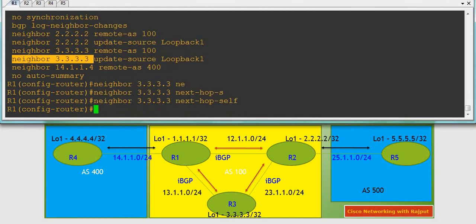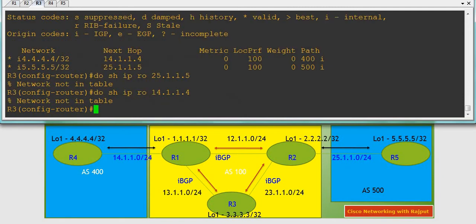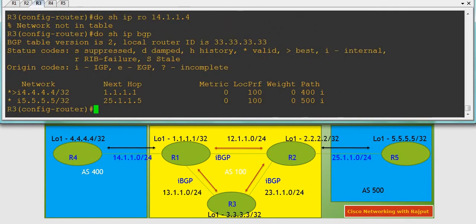On neighbor 3.3.3.3, I'm setting next-hop-self. Let us go and check on router 3. So we set next-hop-self on router 1 and router 1 has reset its own address as the next hop IP address in the update.